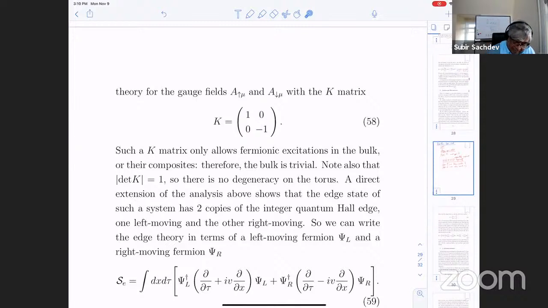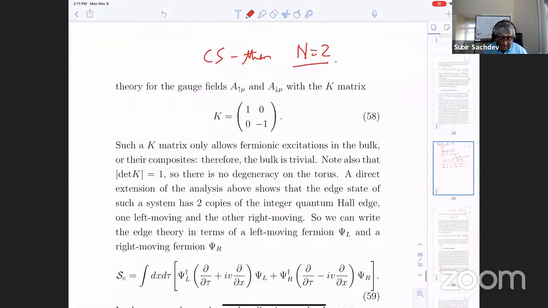So basically you have a CS theory which is n equals 2. You have two gauge fields. And notice I'm writing them as capital letters because they're not really emergent gauge fields. They're supposed to be viewed as external probes. They're not strongly fluctuating.